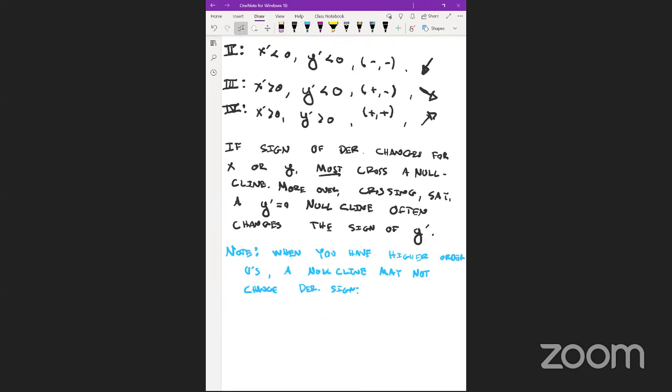So as an example, if we had x prime equals, say, minus y squared, y prime equals x squared, the sign of the derivative is always going to be non-negative.